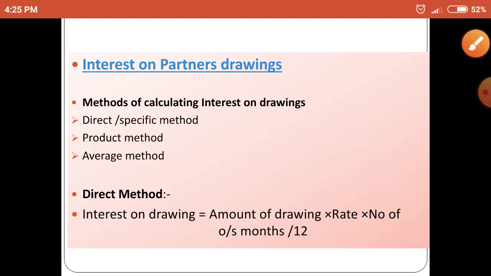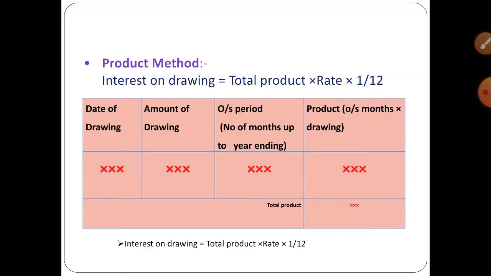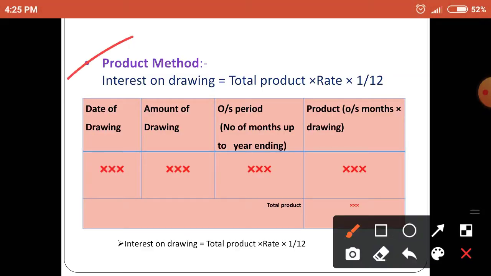So the next method is the product method. Under the product method you have to use the standard formula: interest on drawing is equal to total product into rate of interest into 1/12. To calculate the total product you have to prepare a table.